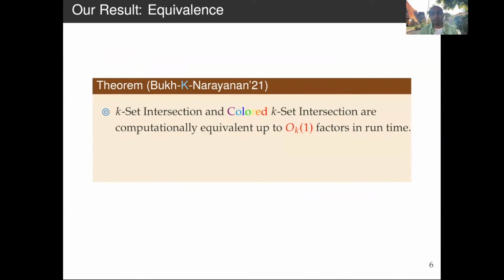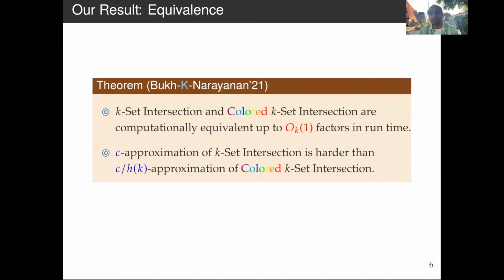The main result in this work is to show that the k-set intersection problem, the colored and the uncolored versions, are computationally equivalent up to constant factors depending only on k. In fact, we can extend our result to say that if there is some algorithm that approximates the k-set intersection problem to some C factor, then such an algorithm can be used to approximate the colored version to some C over h of k factor, for some fixed function h depending on k.